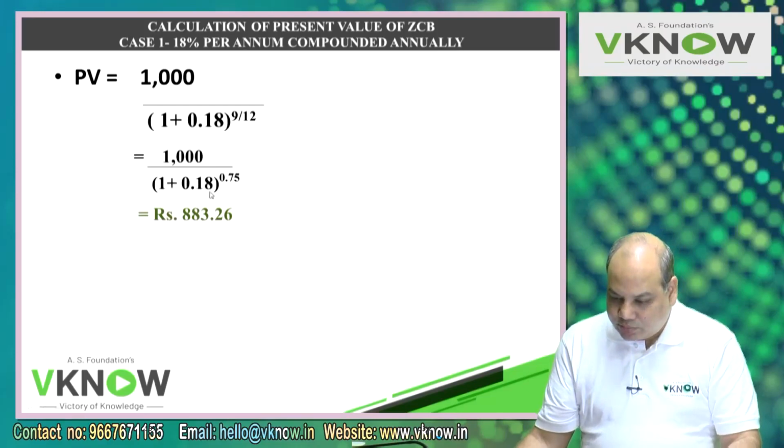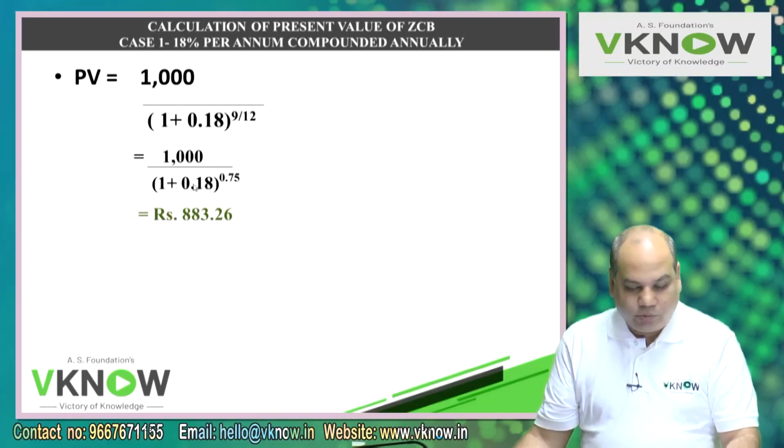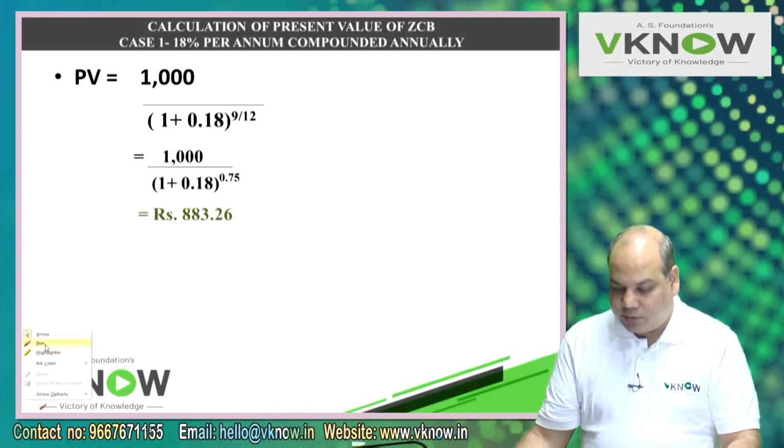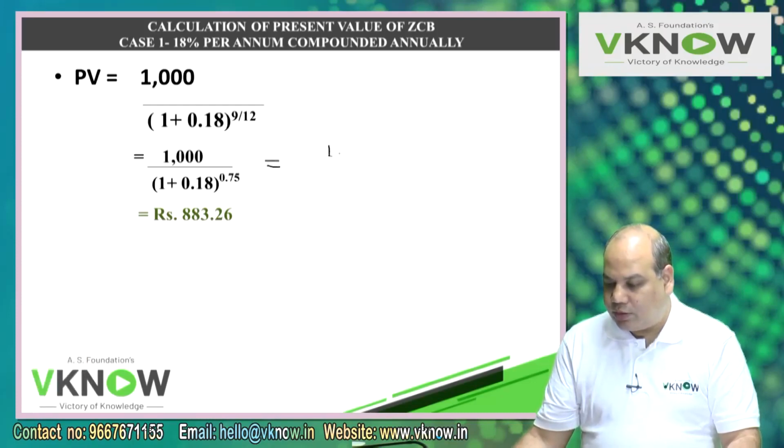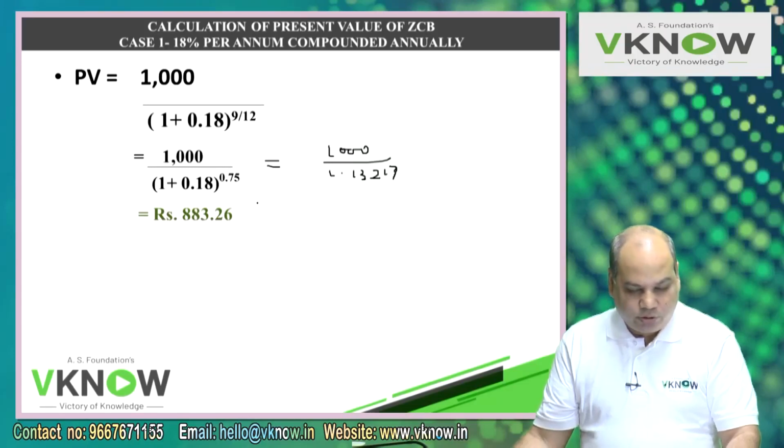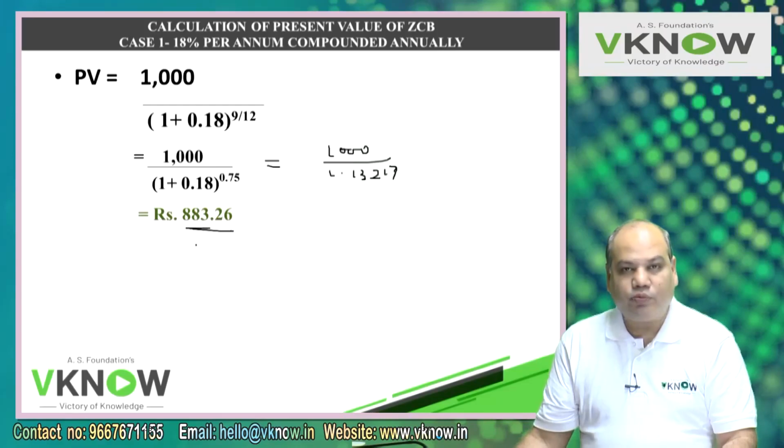So the value of this power in the denominator is 1.13217. In the next line write 1000 divided by 1.13217. Now take 1000 divided by this number, press equal to, and you will get approximately 883.2626.